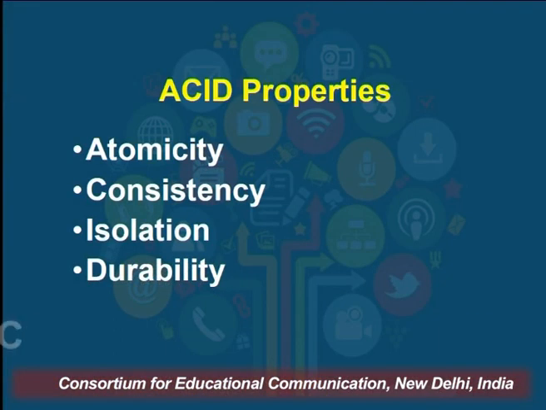There are other factors or parameters of a database's health which are to be seen. So, a transaction must satisfy 4 properties. One is atomicity, another is consistency, third is isolation, and fourth is durability.